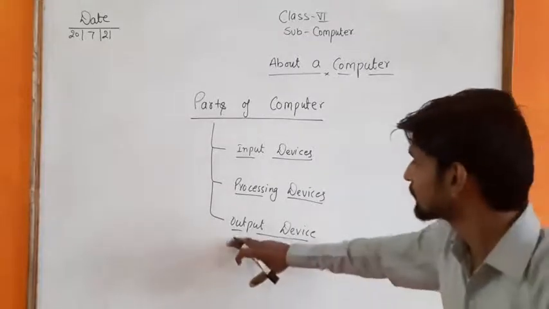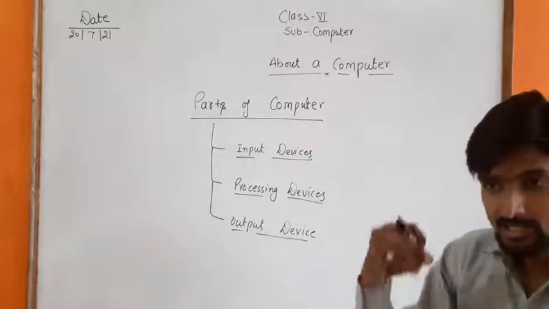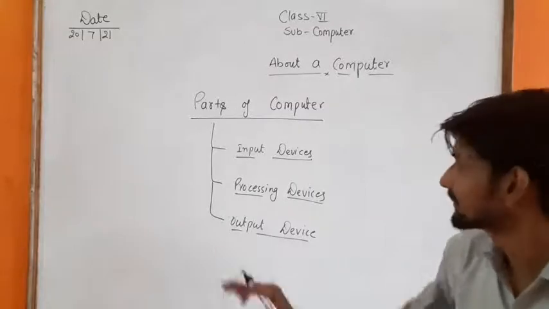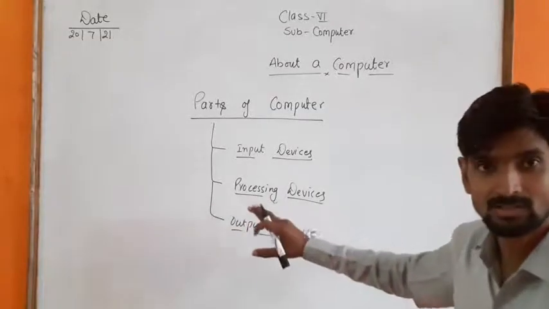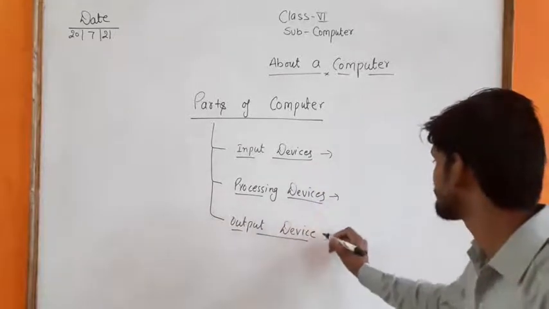And what are the output devices? The output devices produce the meaningful result after the processing. Clear? So there are some examples also.